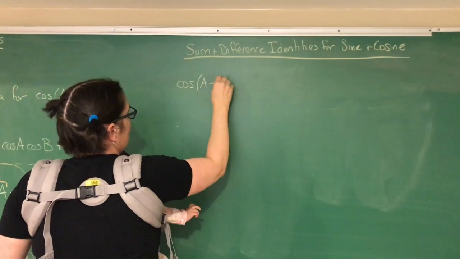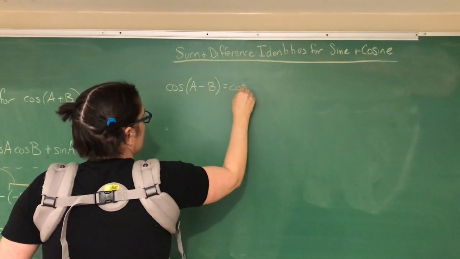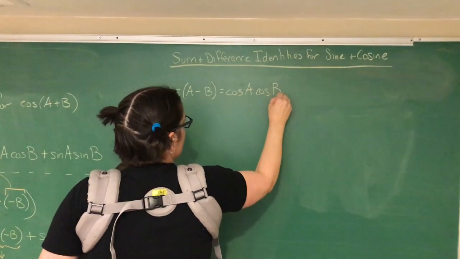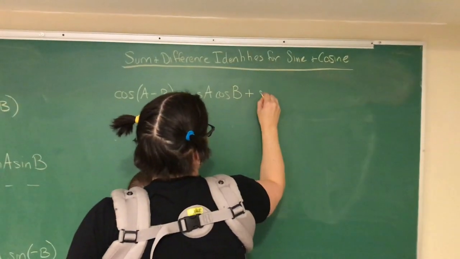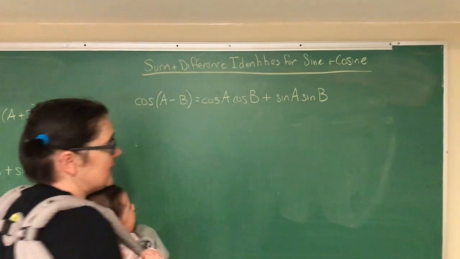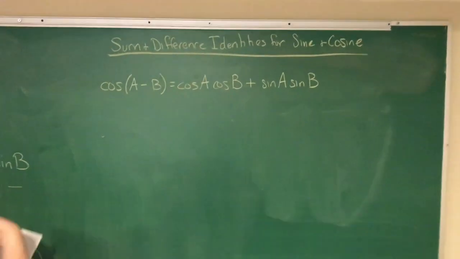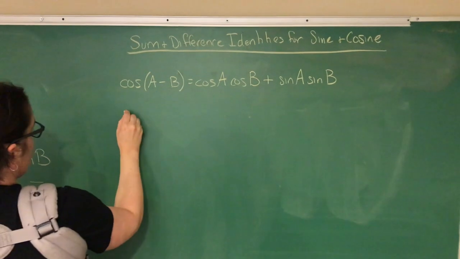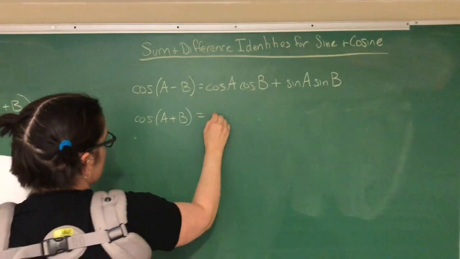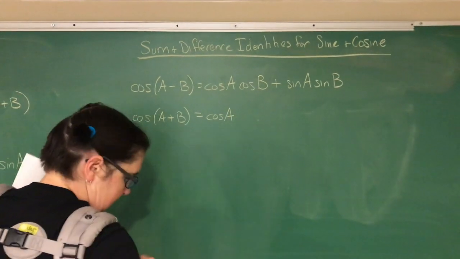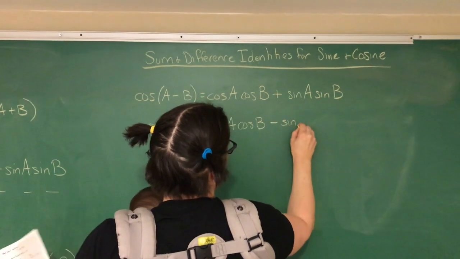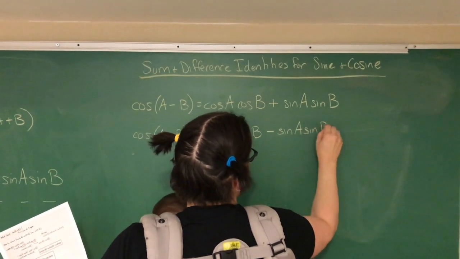Cosine of a minus b is cosine of a times cosine of b plus sine of a times sine of b. And then we have cosine of a plus b, which is cosine of a times cosine of b minus sine of a times sine of b.